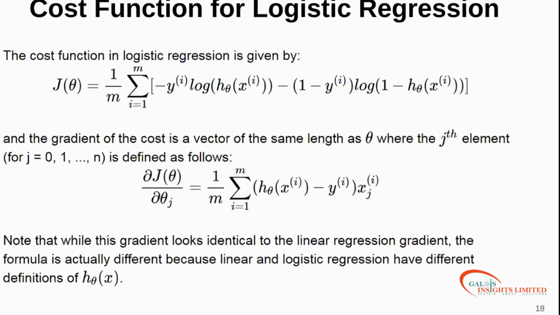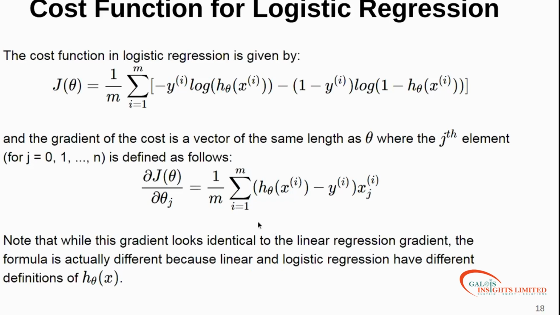The gradient of the cost function is a vector of the same length as the parameter vector. In this case, the jth element ranges from 0 all the way to n, and is defined by this particular equation.